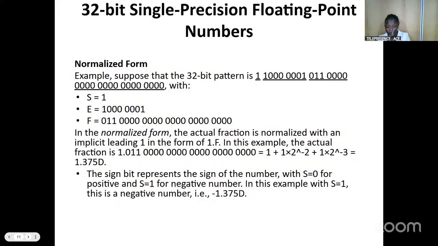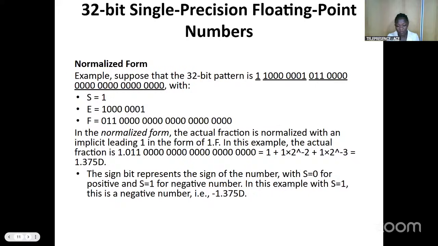The 1, the first significant bit, represents negative, that is, even after changing to a decimal number, it is negative. The next is 1100001, which is the exponent, 8 bits, and the remaining 23 bits are just the fraction. S equals 1, E equals the next 8 digits following it, while F takes care of the remaining 23 bits.